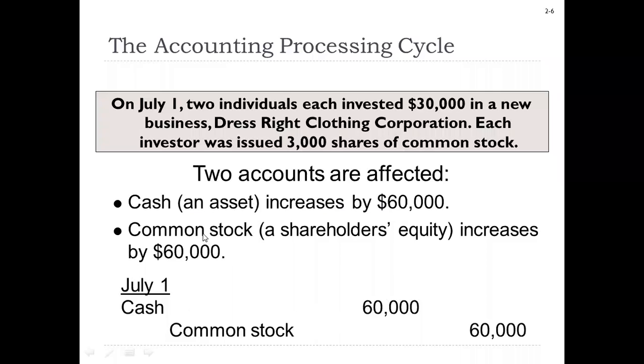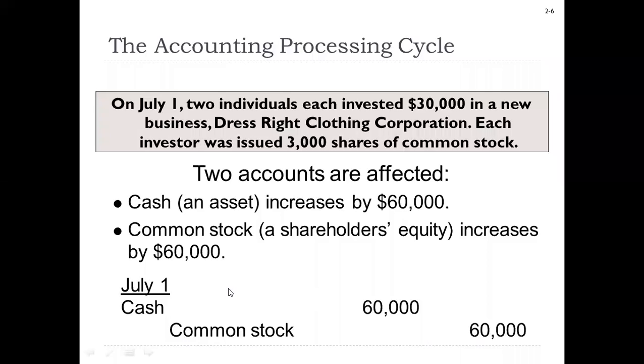And then the stockholders' equity account went up because now we had zero before, now we have 60,000 of common stock issued. And again, remembering from the rules of debits and credits, an increase in a shareholder's equity account is a credit. So we credit common stock 60,000.